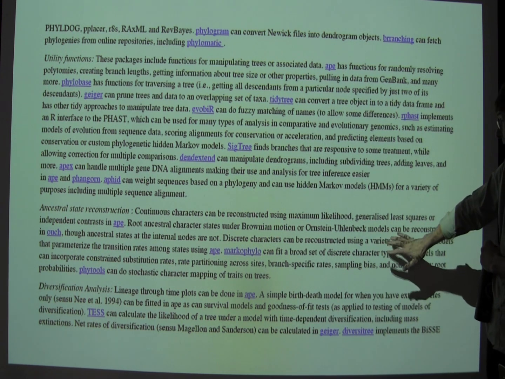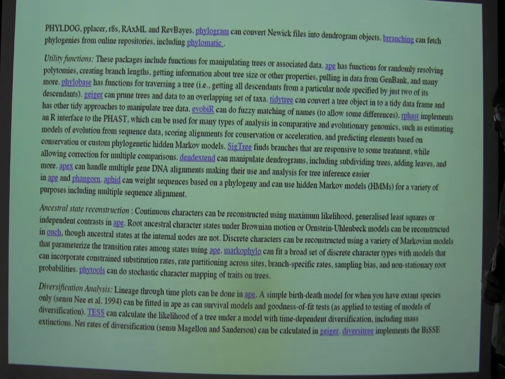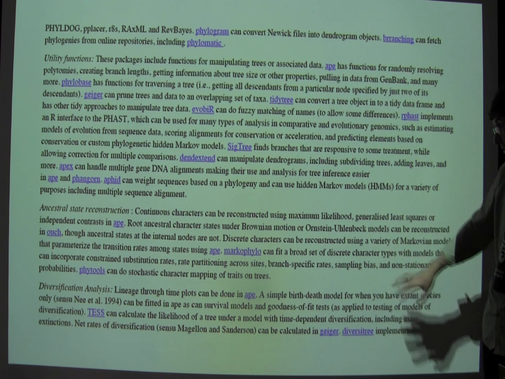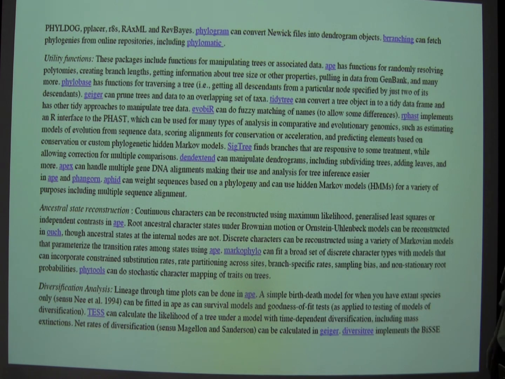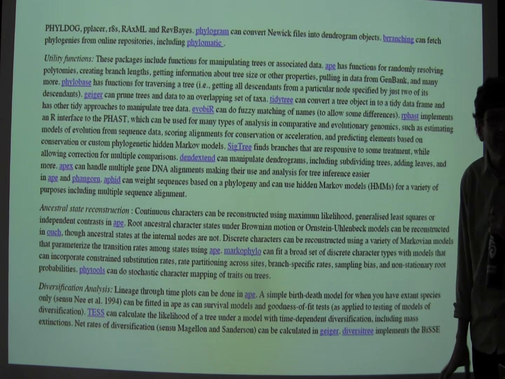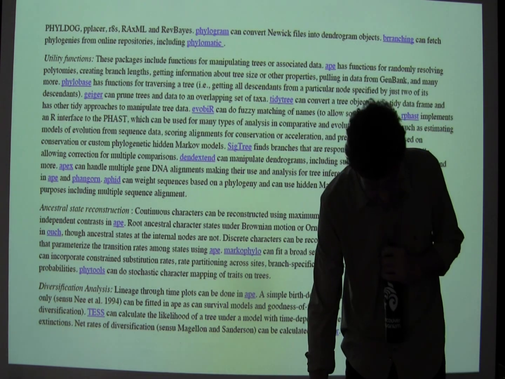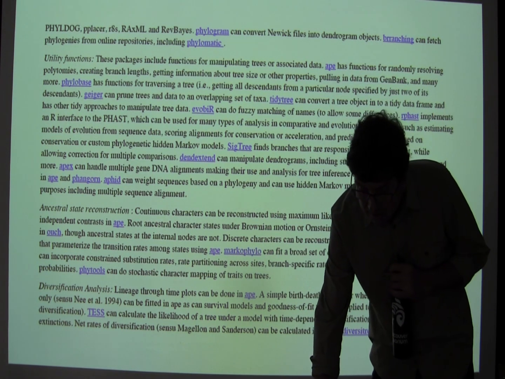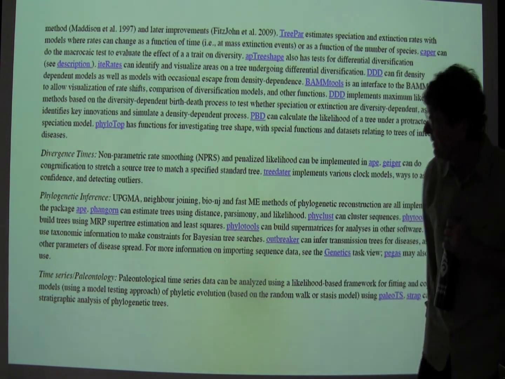There are packages that attempt to estimate the ancestral states, the traits possessed by ancestors of the modern day species, using models of evolution on phylogenetic trees. There are packages out there that will analyze diversification, estimates of speciation and extinction rates.